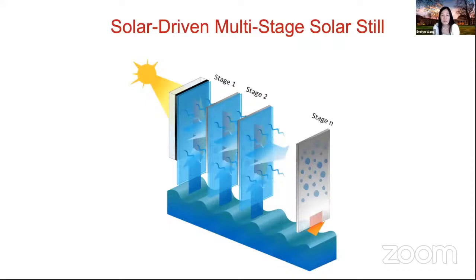Now, I thought I'd switch gears a little bit and share with you some other work that we've been working on in our lab in developing solar-driven multi-stage solar stills. And it builds on some of the work that I just shared in using a multi-stage type configuration to be able to recycle the latent heat of condensation to drive, in this case, desalination.